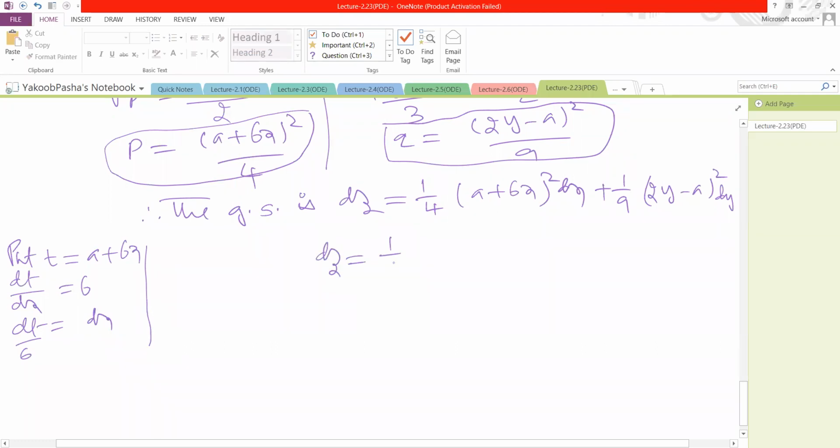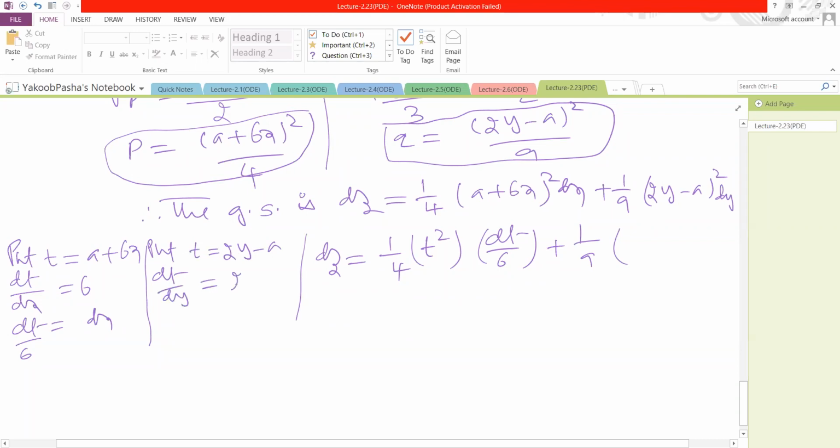dz is equal to 1 by 4 of, this is nothing but t square, dx value is dt by 6, plus 1 by 9 of, in this case again take t is equal to 2y minus a. So dt by dy is equal to 2.